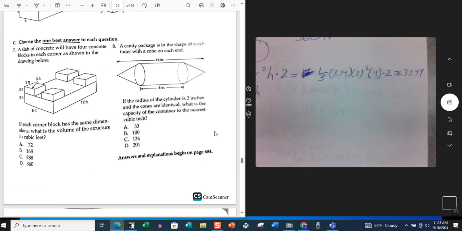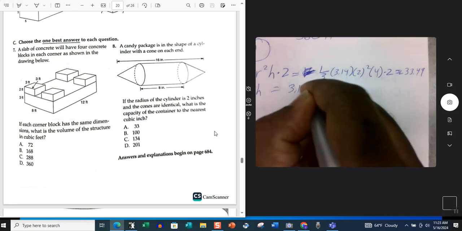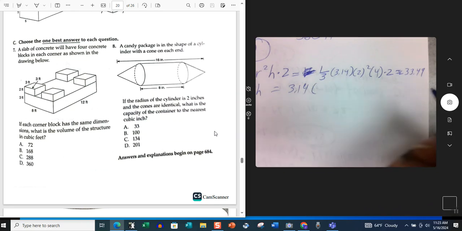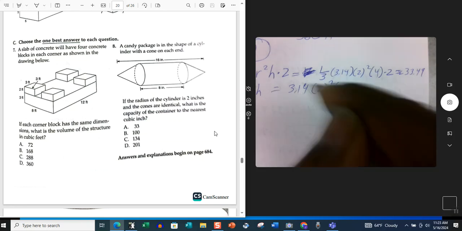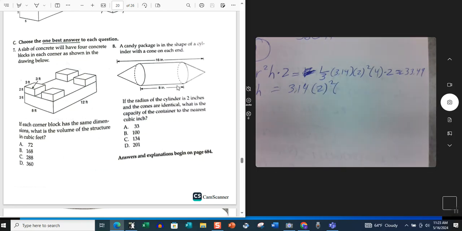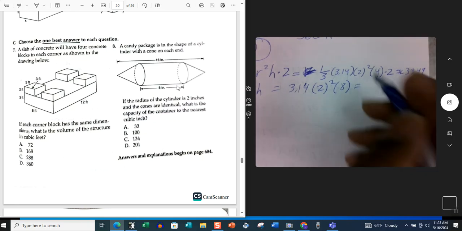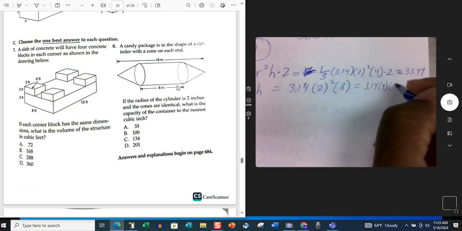Now we're going to go with the volume of the cylinder. So we will have 3.14. The radius will be the same for the cylinder, which would be 2 squared. And then the height of the cylinder is right here, which would be 8 inches. So we will have 3.14 times 4 times 8.